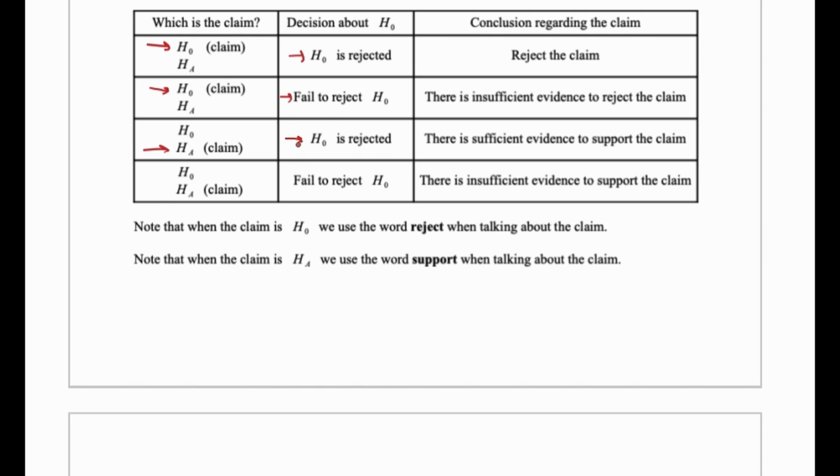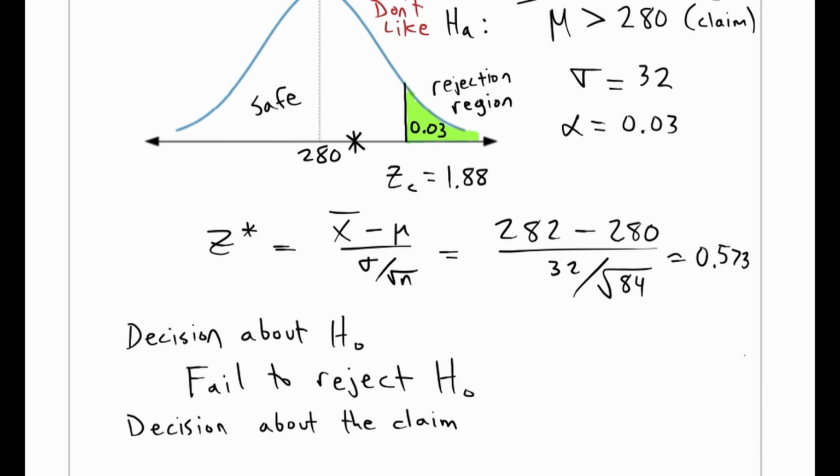It's possible that we might reject H0. We did not, though, in our particular problem. We actually have this case right here. HA was our claim, but we, in our problem, failed to reject H0. Therefore, the wording that we need is, there is insufficient evidence to support this claim. So that's what I'm going to say.